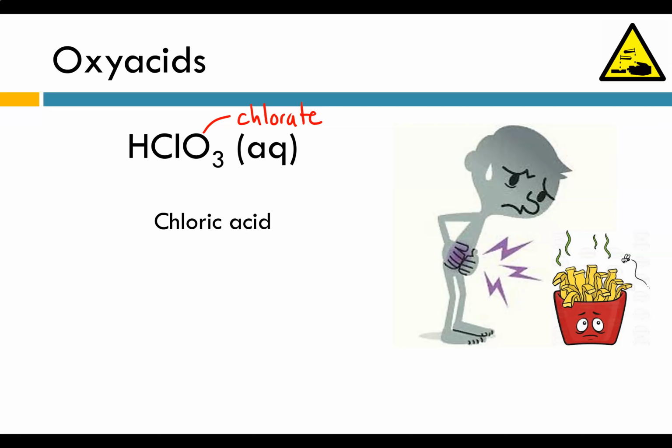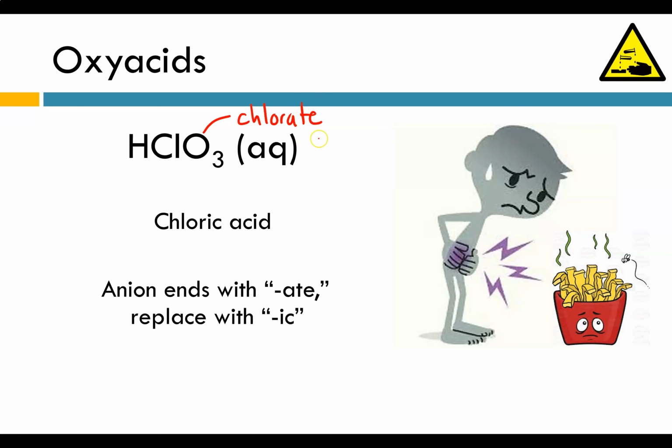This acid is named chloric acid. So if we think about how we transitioned away from hydrogen chlorate, the name of this molecule, into chloric acid, the name of this aqueous solution, basically we just took the anion's name, chlorate, and replaced the ending ATE with "ic."